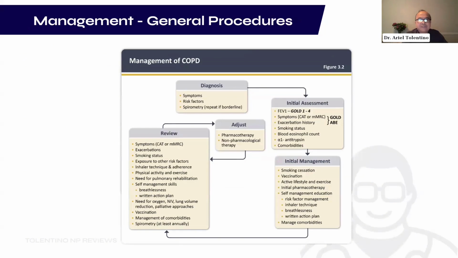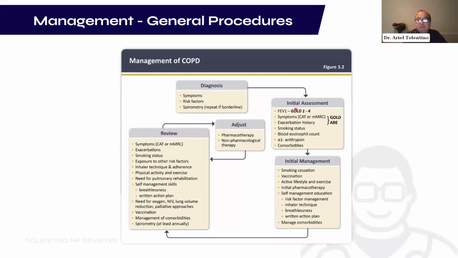The next slide just gives us an overview, a bird's eye view of the total management cycle for COPD. And of course, this is just a review of what we have discussed overall, starting from the diagnosis, evaluating symptoms and risk factors, okay?